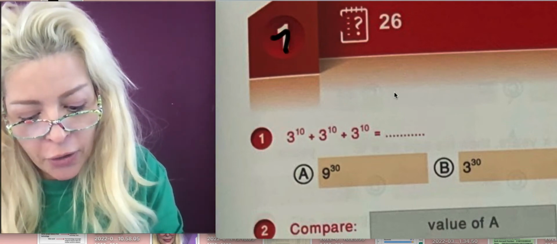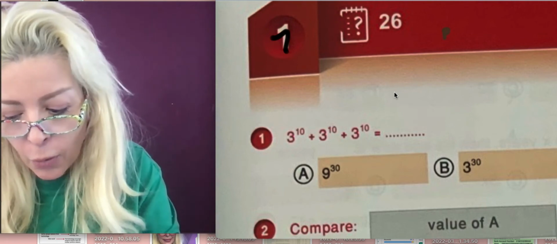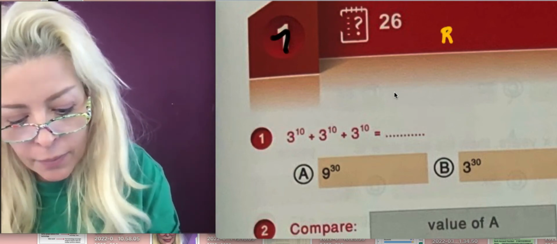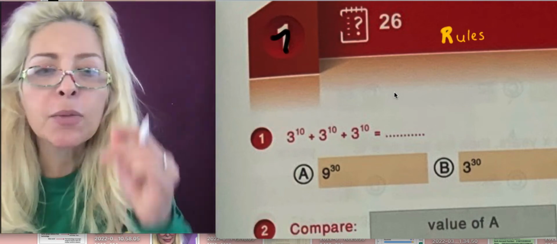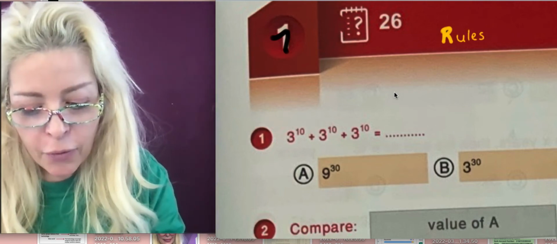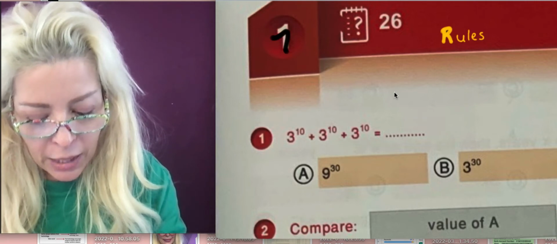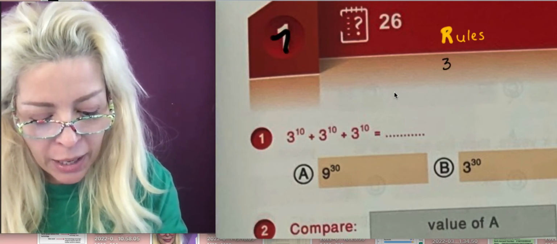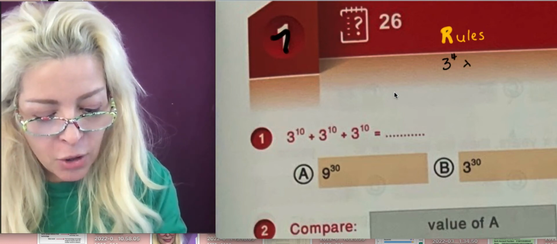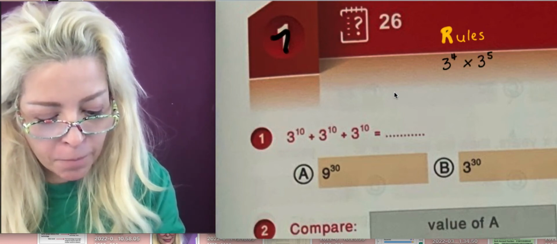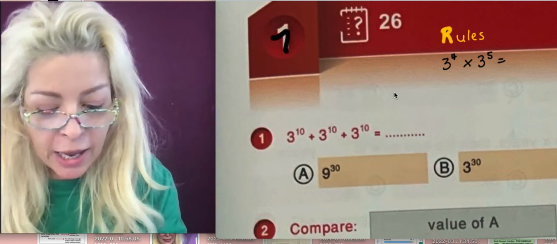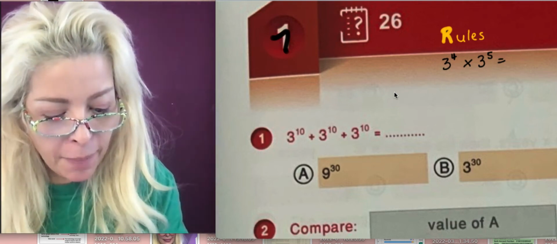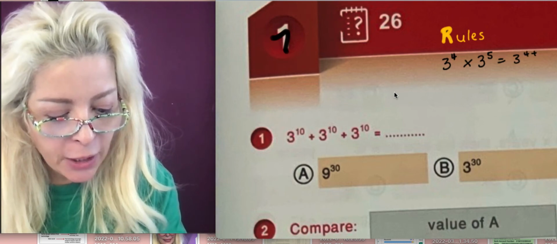Okay. So there are some rules that we have to follow when we are doing exponents. The first rule says this, that if you have an exponent with the same base and you're multiplying it, okay, the rule says if you're multiplying, that means you have to add the exponents.